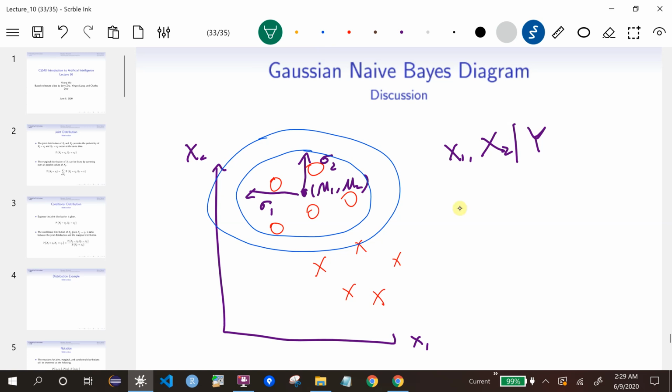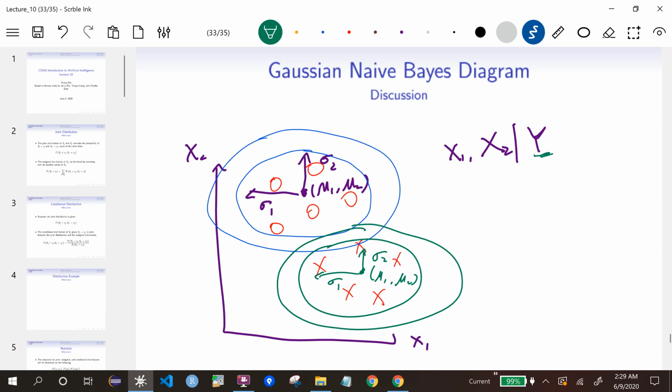And for the same reason, we can figure out mu1, mu2 for the second group, given the y value is, say, dog. And then we still figure out sigma 1 and sigma 2. And then still, most of the data is in this region like that.